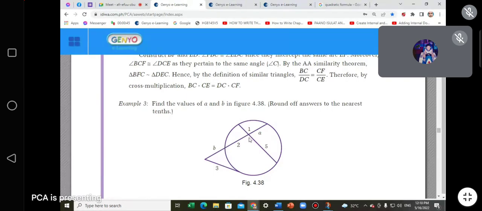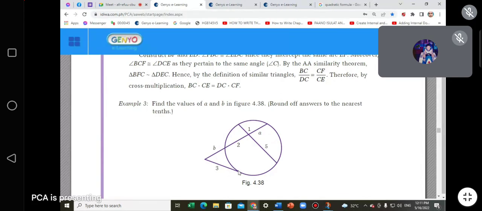And unknown A. Actually there are 2 segments in the secant here. Unknown are the letters A and B. From this point to that point, this 2 is given, part of that secant. And then we also have this one, no? We call this a tangent line. But to be specific, this is a tangent segment from this point to that point of tangency. Okay? This is a tangent segment.